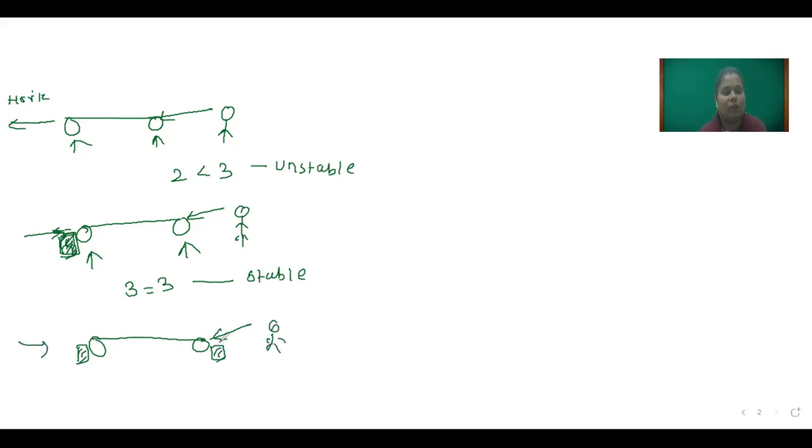Whenever I put obstructions for these 2 wheels, automatically there are 4 reactions: this horizontal one, this horizontal, this vertical and this vertical. So there are 4 reactions and the number of equations is 3. So 4 is greater than 3. So the structure is overstable.